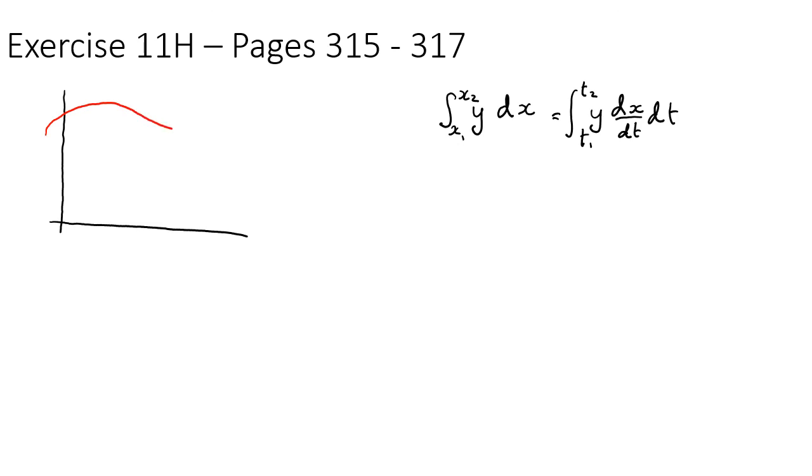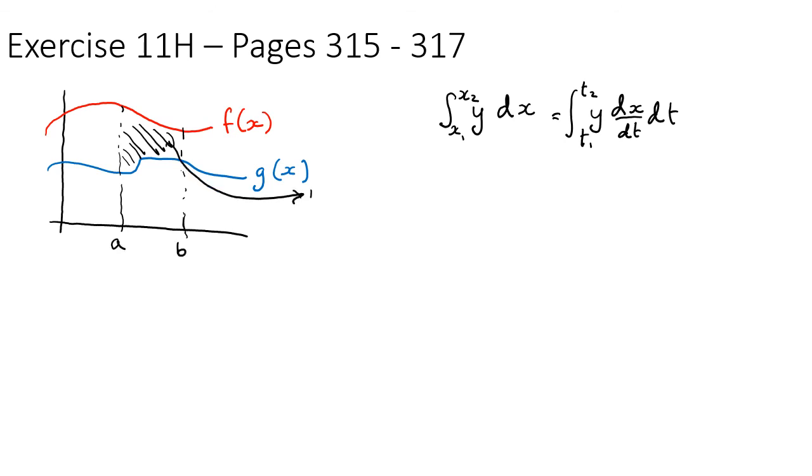Let's have our function there, which we'll call f of x, and we'll have one down here which we'll call g of x, and if we want to find the area between the two, where this is a and this is b, that area is equal to f of x minus g of x. Work that out algebraically, and then we'll integrate between a and b.